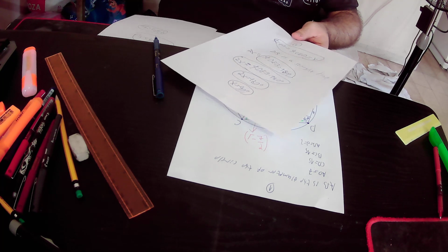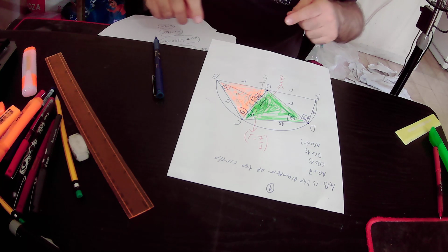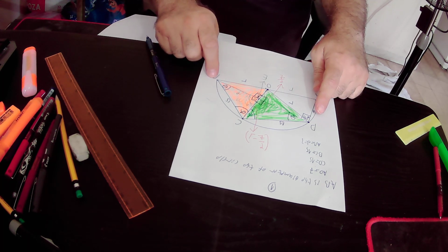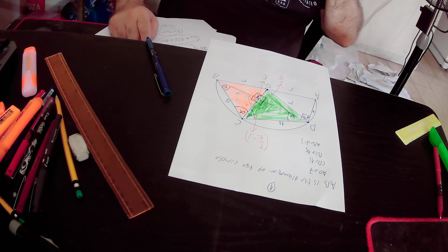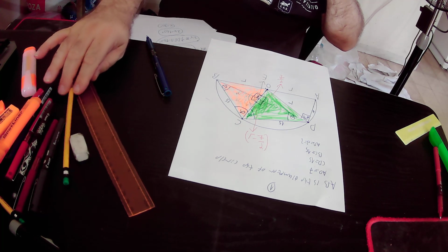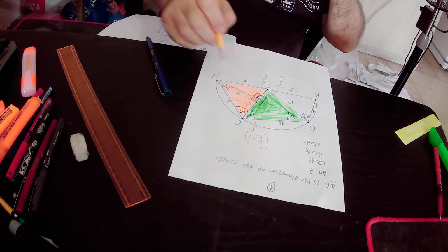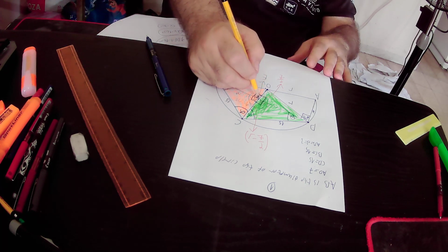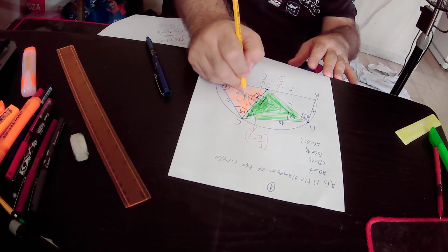And we know that BD is a straight line because we drew a straight line between points B and D. We know that the sum of the angles along a straight line at a certain point equals 180 degrees.